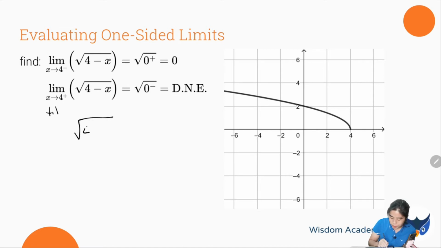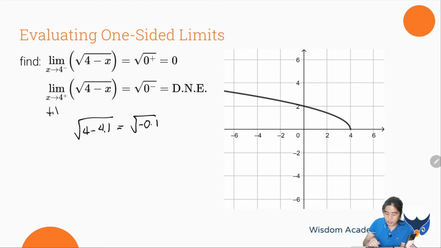So, square root of 4 minus 4.1, makuha tayo ng square root of negative 0.1, which we will denote as 0 minus kasi near 0 siya, pero less than 0. Okay? So, square root of 0 minus does not exist kasi negative siya. And square root of negative numbers, alam natin, ay imaginary numbers which does not exist.